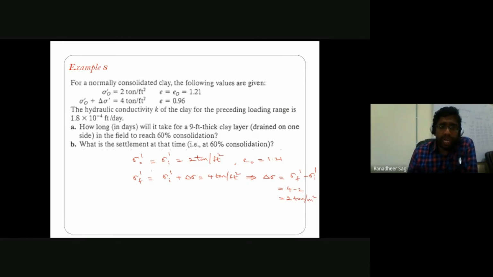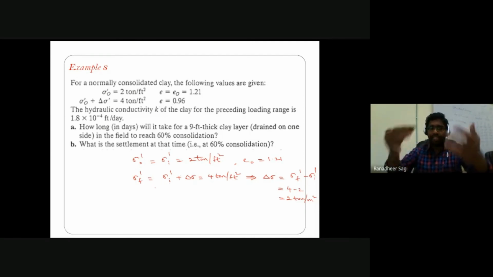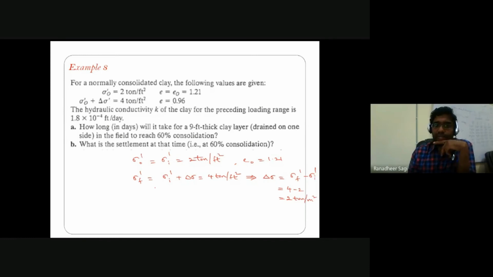When you apply this final effective stress, due to that increment in stress applied on the soil sample, the final void ratio comes out to be 0.96. Whatever compression took place in the soil sample resulted in a corresponding void ratio of 0.96.